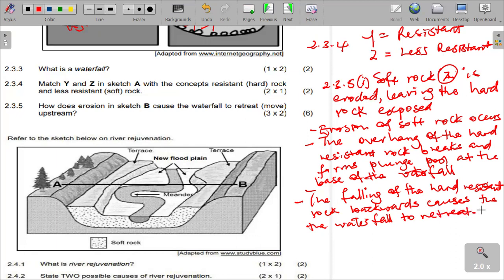The falling of the resistant rock because of no support under it causes the waterfall to retreat or to move upstream.